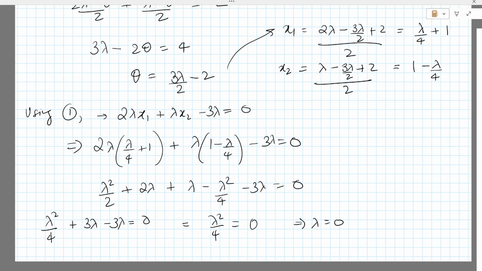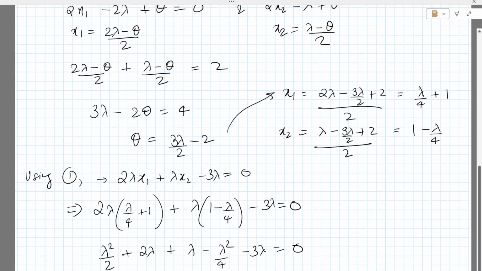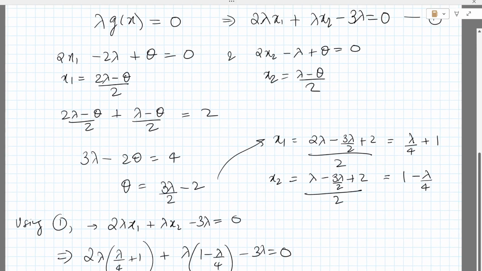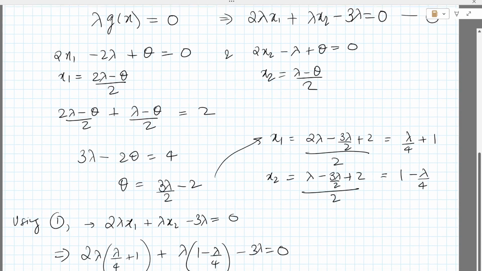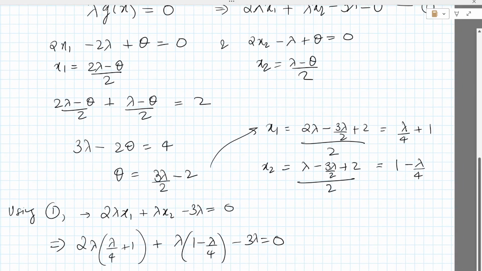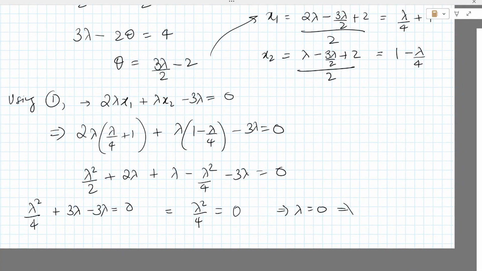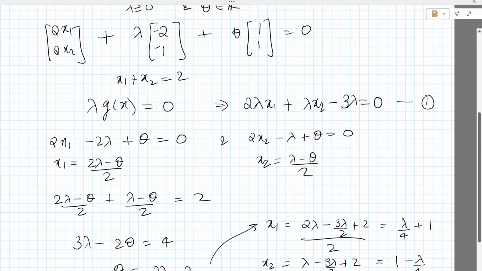Lambda equal to 0 implies theta is equal to minus 2. So x1 is equal to 1 and x2 is equal to 1. So f of (1, 1) is equal to 2.